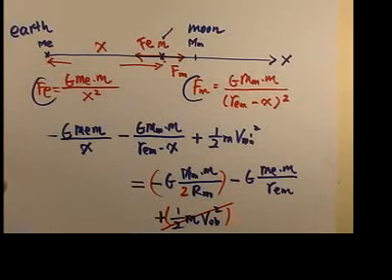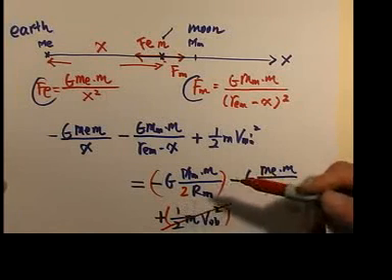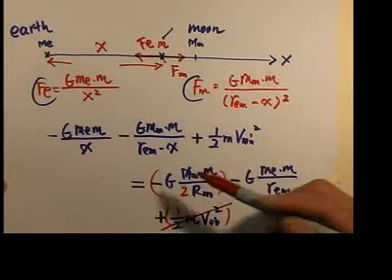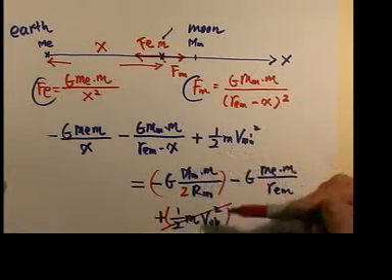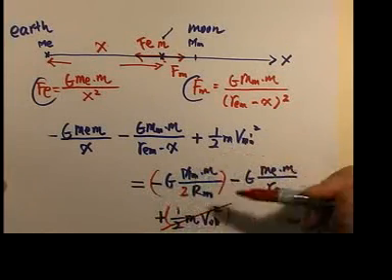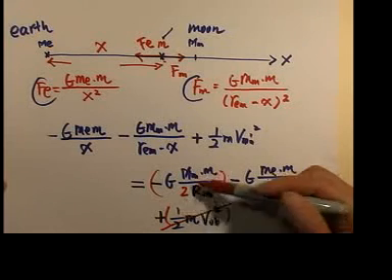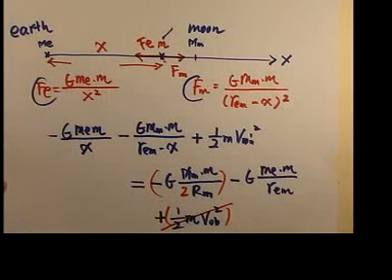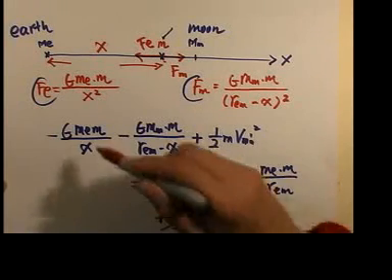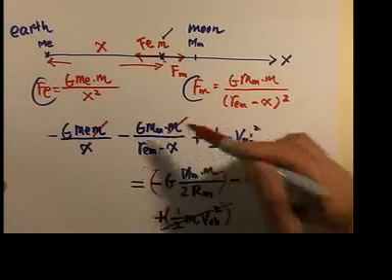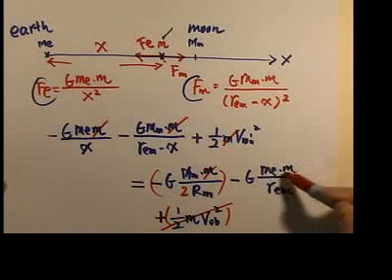The total mechanical energy, if something is in a circular orbit around a spherically symmetric distribution, is this much. So as we can see, throughout this equation, the mass of the space probe cancels.